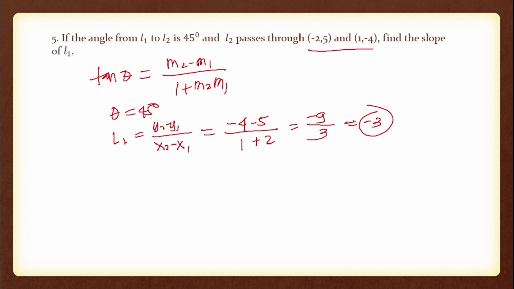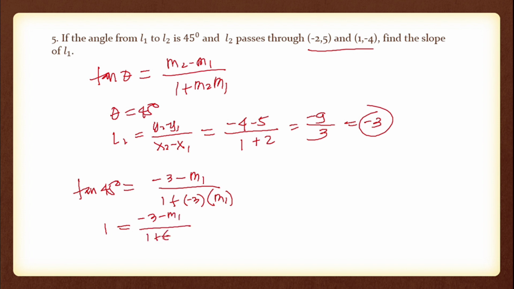So we need to find the slope of L1. The same concept: tangent 45 degrees is equal to m2, which is -3, minus m1 over 1 plus m2, which is -3, times m1. If we simplify this, tangent 45 is equal to 1. So we have here -3 minus m1 over 1 plus -3m1. Okay, so cross multiply.